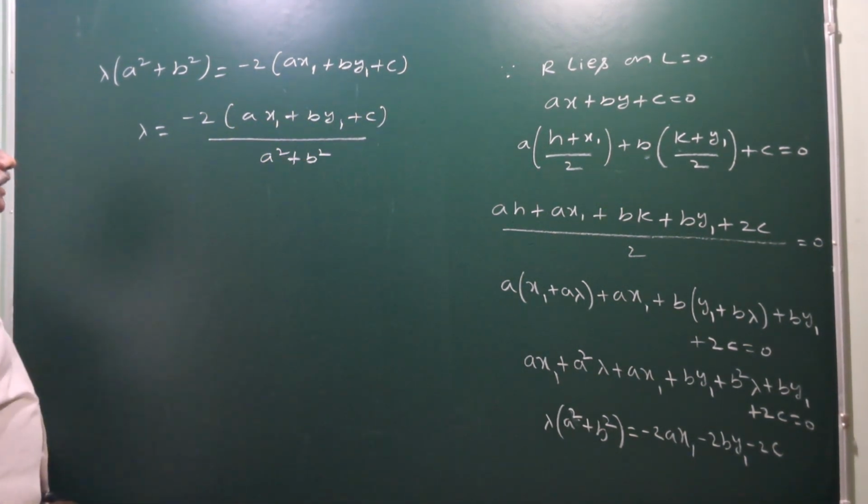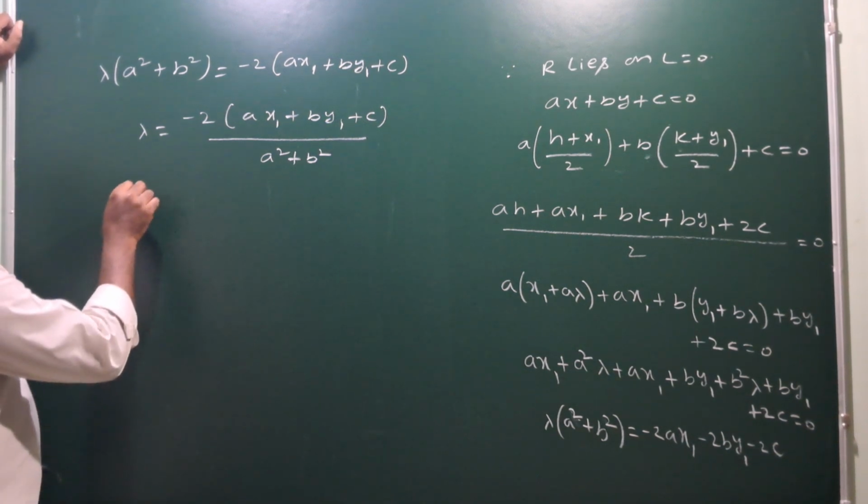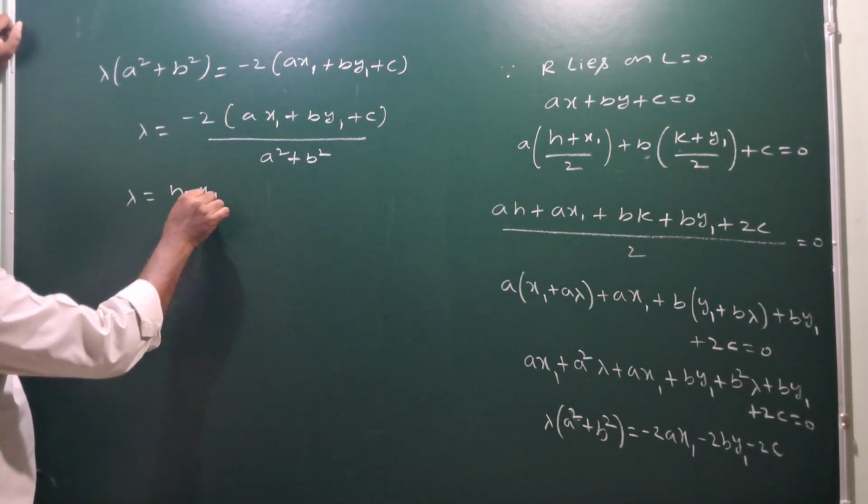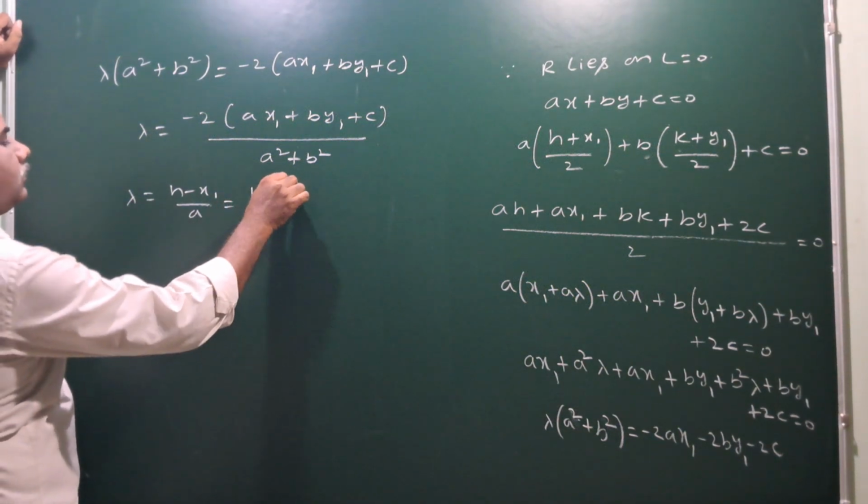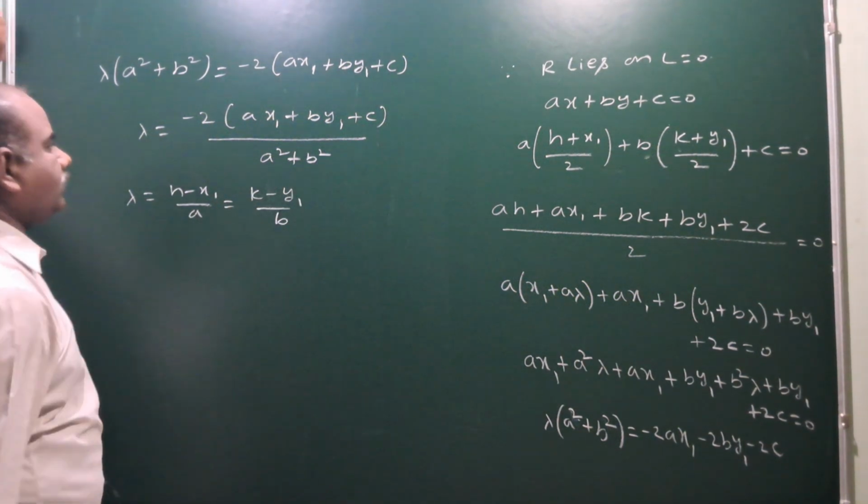Okay. And already we have lambda is equal to (H minus X1)/A is equal to (K minus Y1)/B.